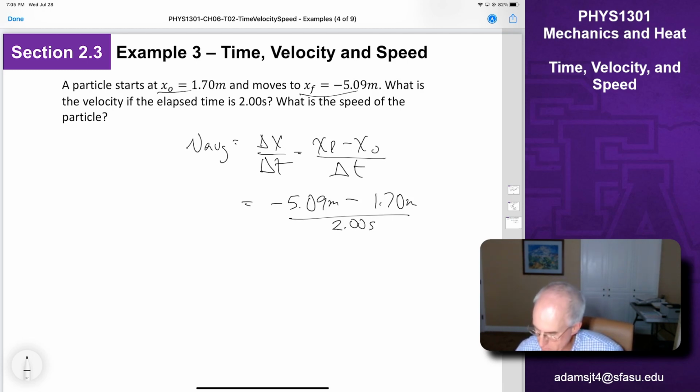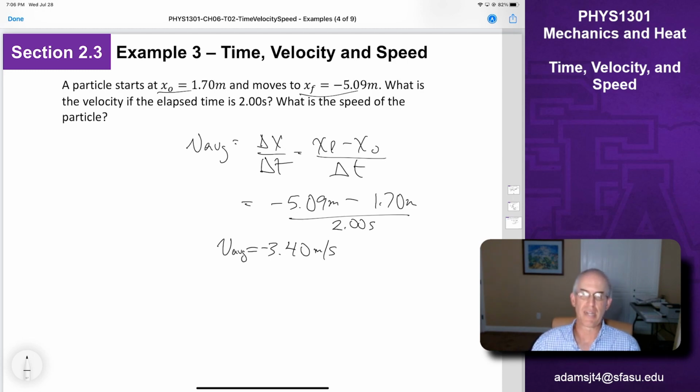So I'm going to put the numbers into my calculator first. Bear with me for 1 second. And as always, check my numbers, but I get this. I had 3.40 meters per second with a negative sign in front of it for my average velocity.